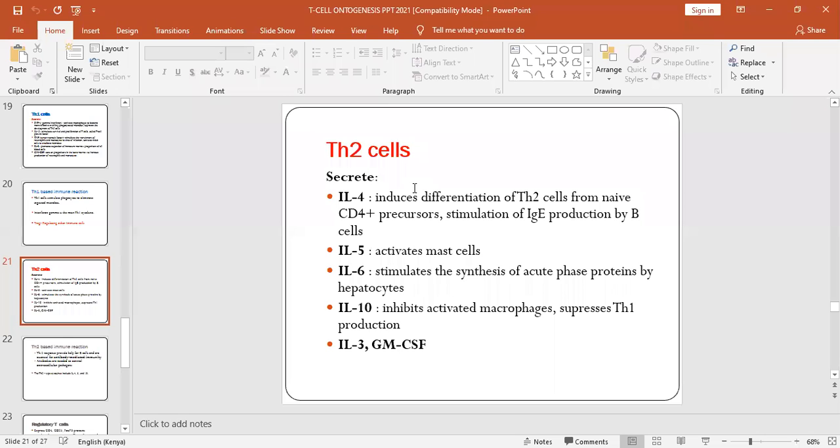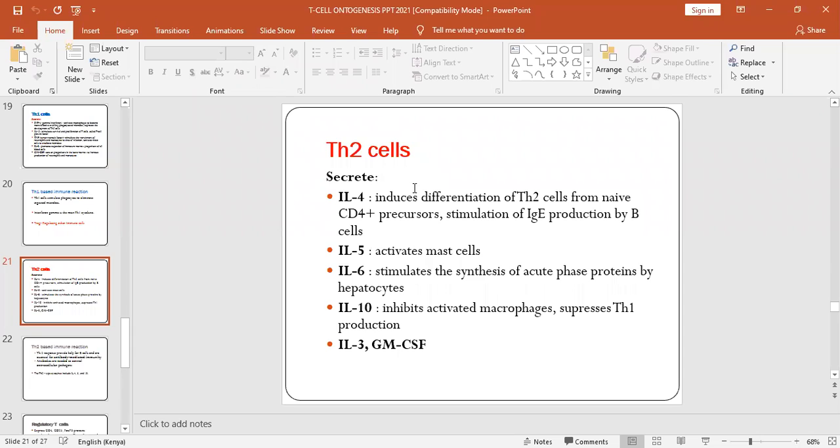Number one, they secrete interleukin 4, which induces the differentiation of T helper type 2 cells from naive CD4 positive precursors, and this can stimulate the B cells to produce one type of immunoglobulin, and that is immunoglobulin E, which has been greatly associated with hypersensitivity reaction, or allergens.